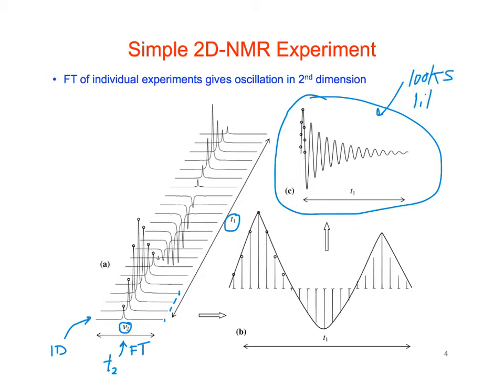Well, we're just looking at a single point. Okay. We don't have a bunch of overlapping frequencies. Looks like an FID. Okay, so we Fourier transform that again to give us our second dimension.